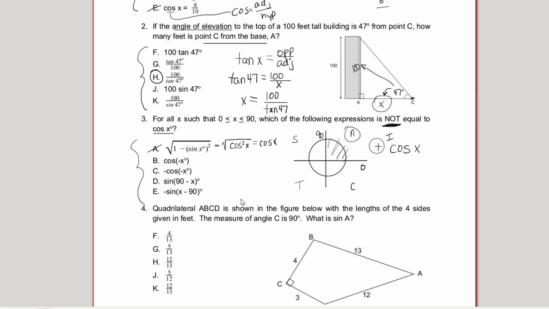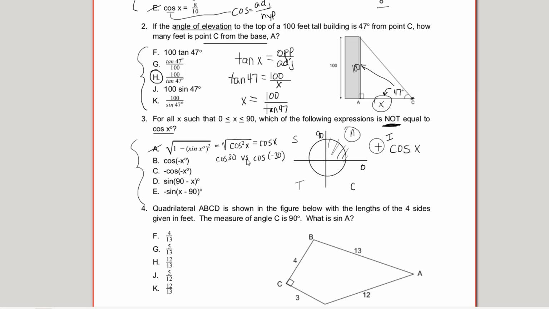The next thing that I would probably take a look at, if we look at cosine of a negative x. So let's just think about this. What this means is if we're looking for cosine of x, let's just say x is equal to 30. Cosine of 30 compared to cosine of a negative 30.